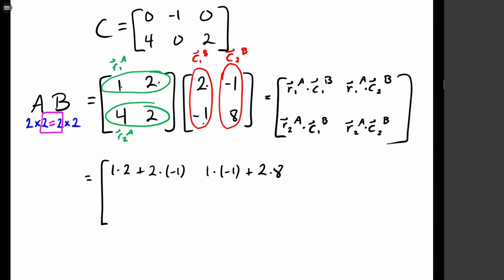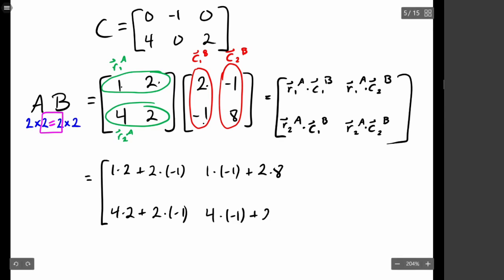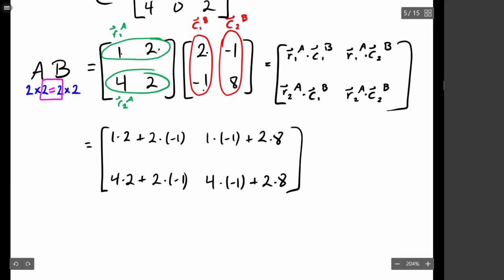And then we just repeat this until we're done. Row 2, column 1, 4 times 2, plus 2 times -1. Okay. And finally, row 2, column 2, 4 times -1, plus 2 times 8.